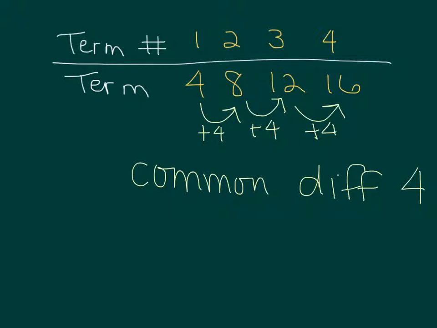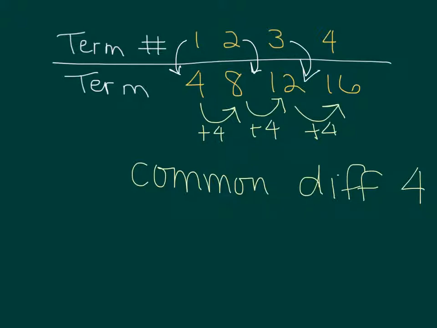Or a term is 4 times the number of the term. For example, for 1, the number of the term times 4 gives me 4. For 2, the number of the term times 4 gives me 8. For 3, the number of the term times 4 gives me 12.